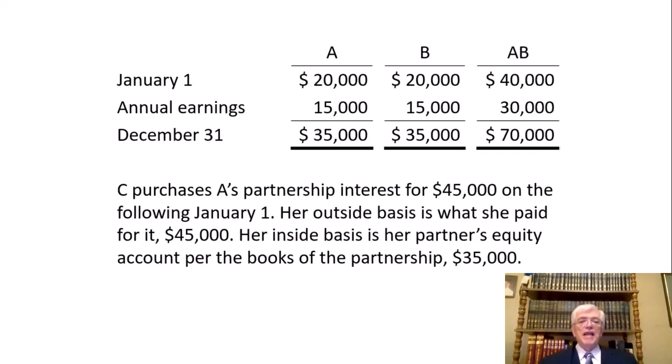That was a deal between A and C. B obviously had to agree to it. You can't admit a partner without all the other partners agreeing. So B signed off on the deal, but the partnership was not a party to the transaction. So now C is in a position where, well, I paid $45,000 for this, but the books say my basis is only $35,000.